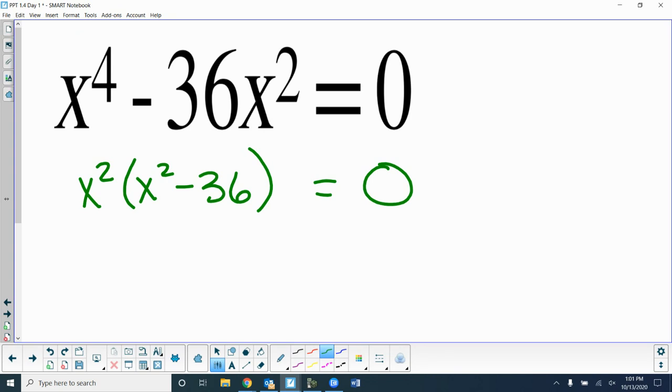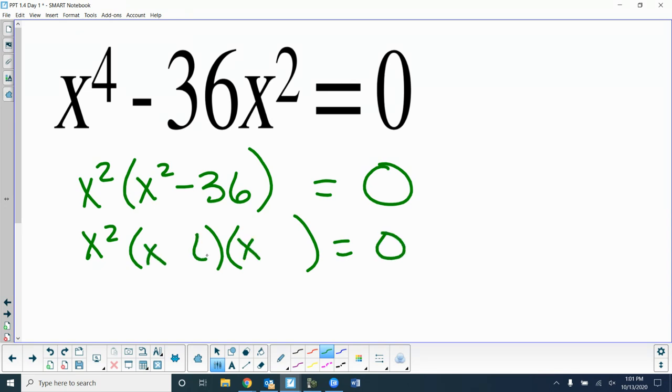Use, I don't know. Kennedy? Yeah, that's a difference of squares. They're both perfect squares and a minus. So we can go a little further. Square root of x squared was the x. Square root of 36 was the 6. One's a plus, one's a minus.